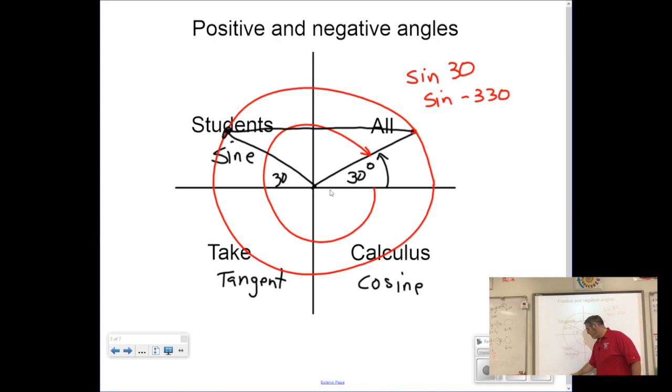So if I want to find the other two values, I have to go from the initial side to here in both directions, in the positive direction and in the negative direction, and that'll tell us what the other angles are. So from here to here is 90, and another 60, or if you want to say 180 minus 30, either way is going to be the sine of 150.